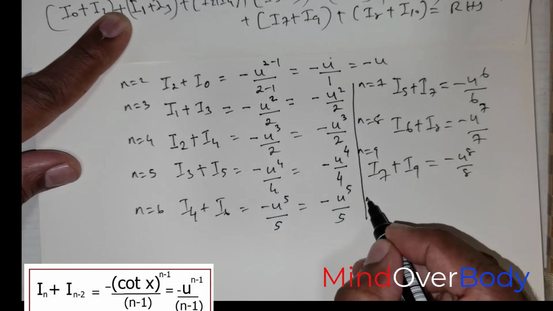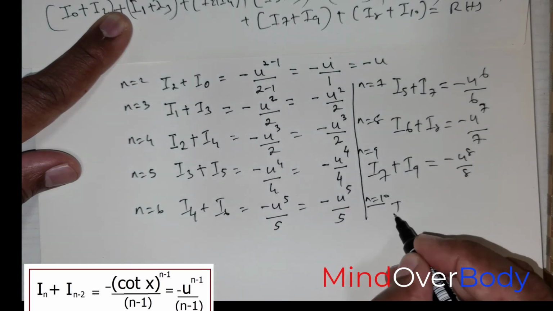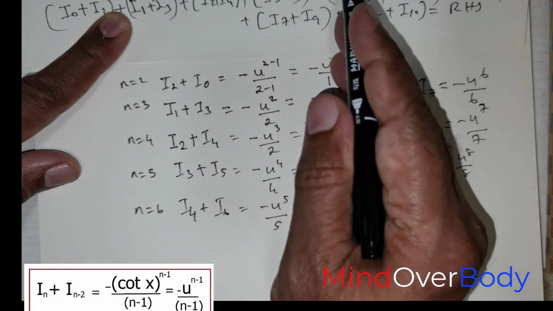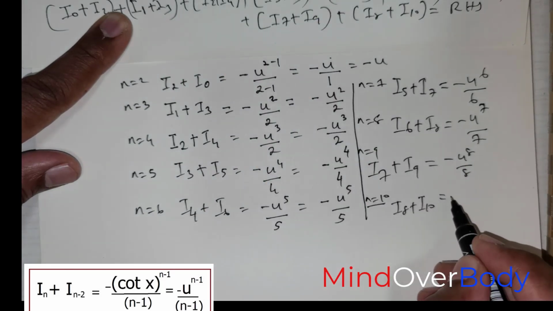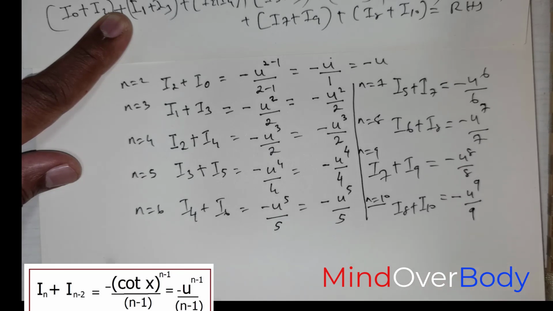So next is n is equal to 10. N is equal to 10 would give me I8 positive I10 is equal to negative u to the 9 divided by 9.